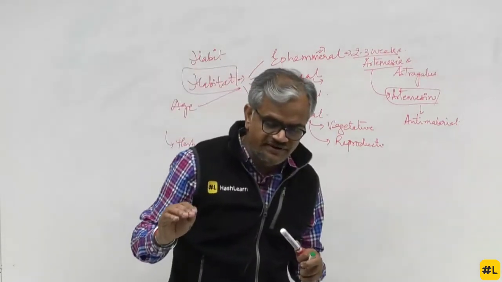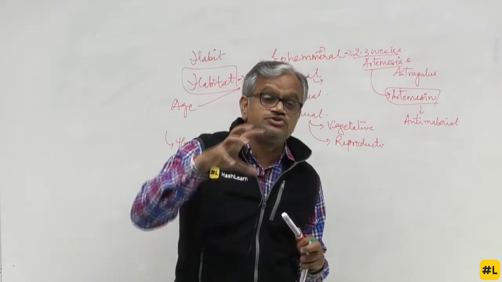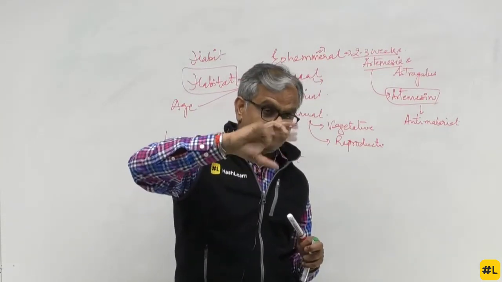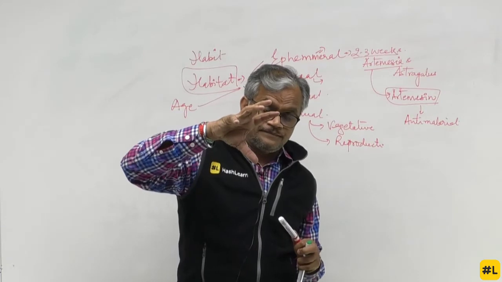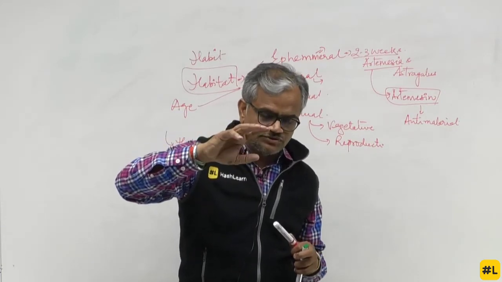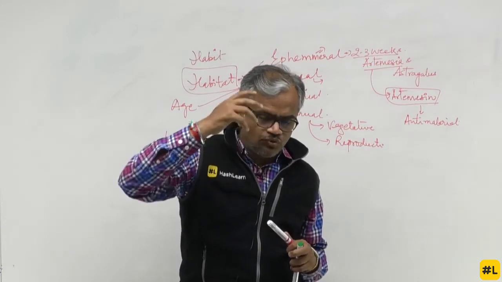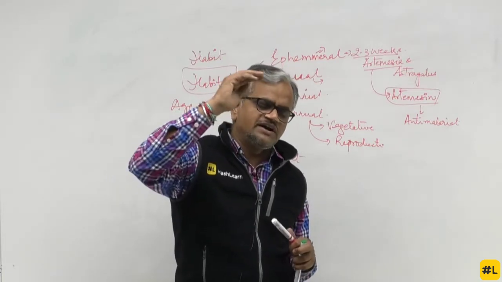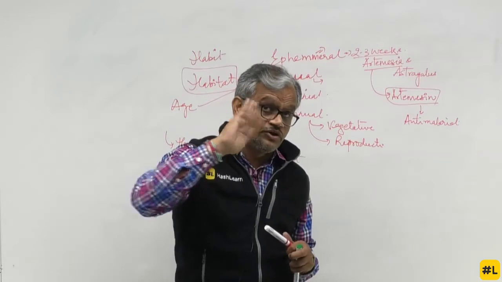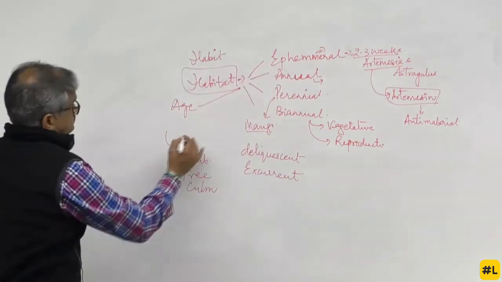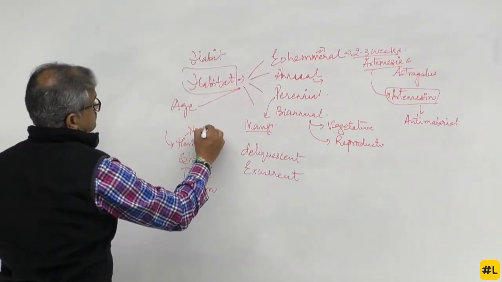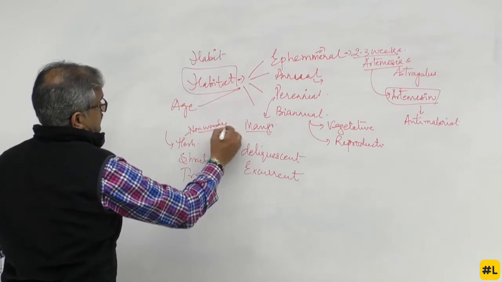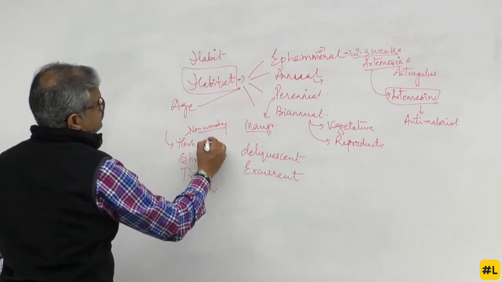When I say herb and shrub, do remember here, herbs are very small. For example, beetroot, chukandar. Herbs are non-woody, very small. Example, as I told you, beetroot.